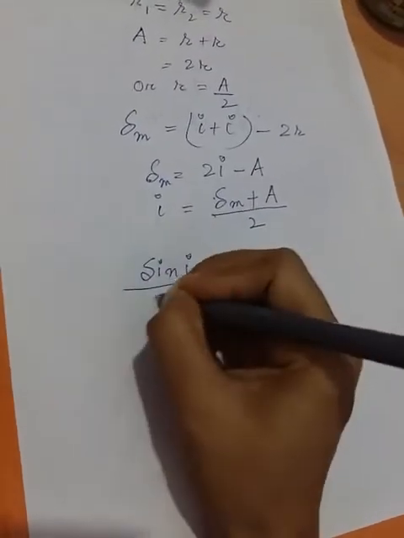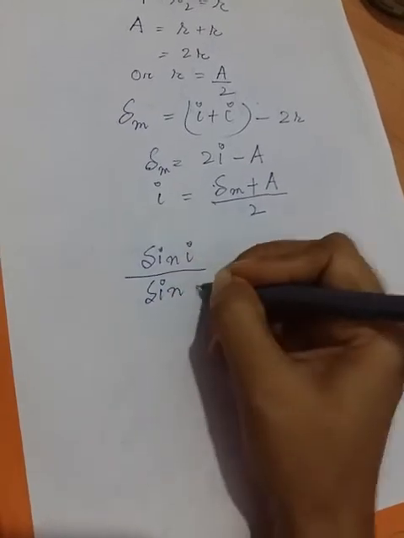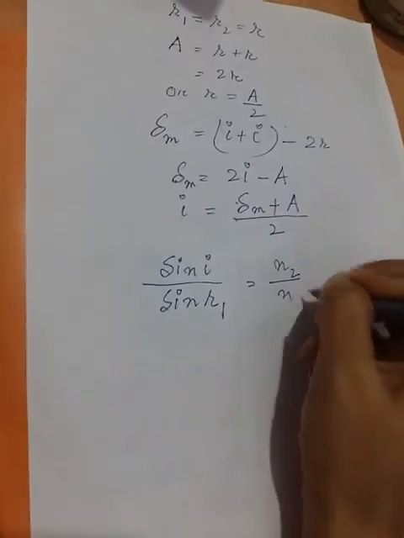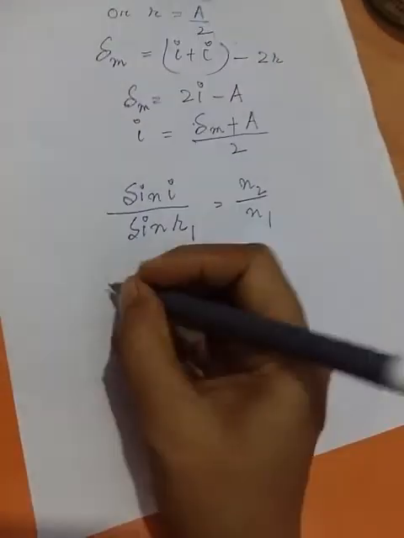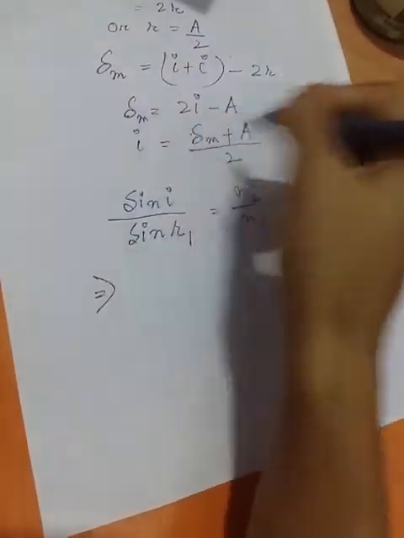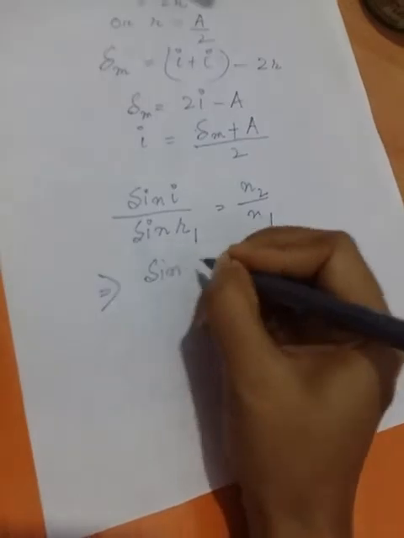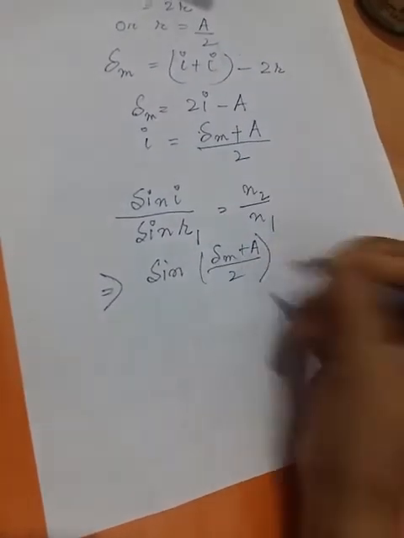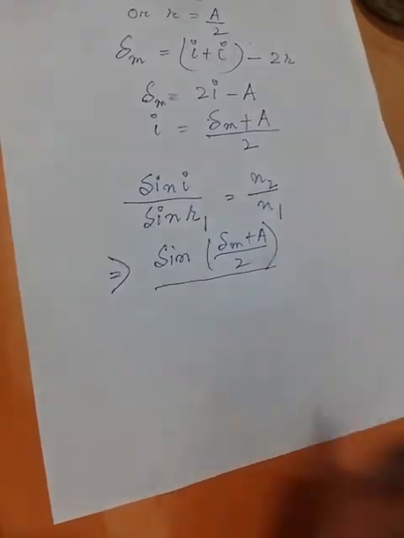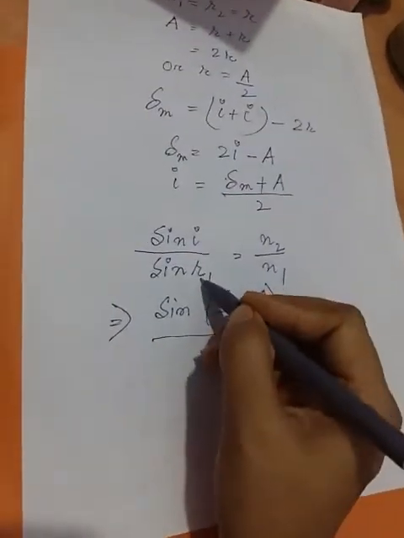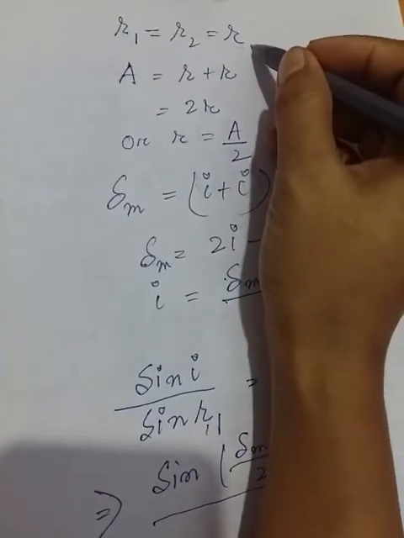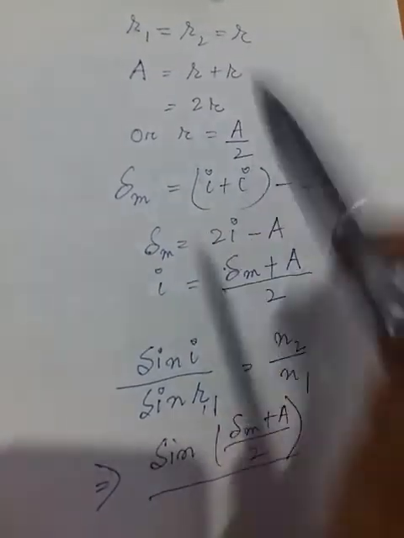But I equals delta M plus A divided by 2, and R1 equals R, which again equals A by 2.